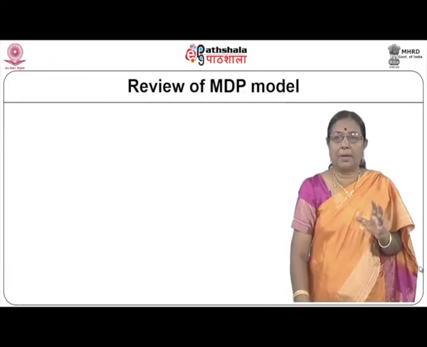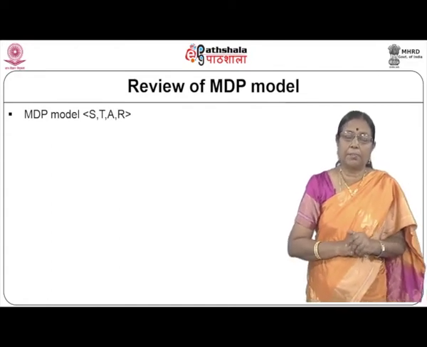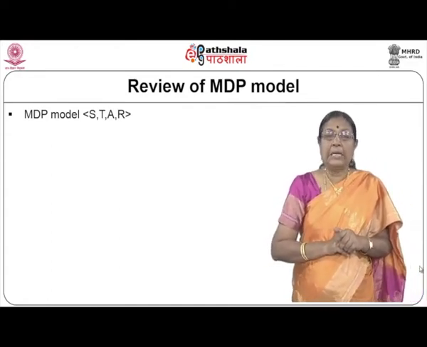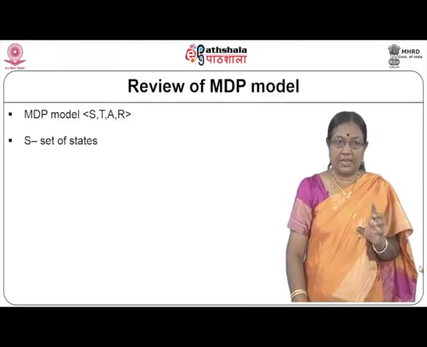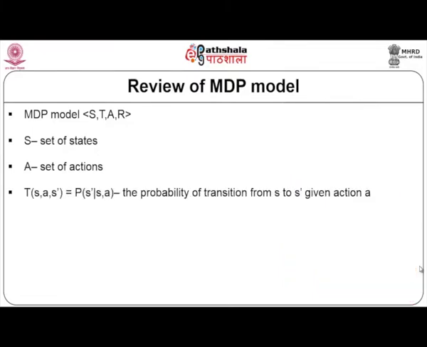Let us look at what the Markov decision process model is. It consists of 4 parameters: S, T, A and R. S is a set of states, A is a set of actions, and T(S, A, S dash) is the probability of transition from S to S dash given action A. So, given that you are in S and you have done an action A, what is the probability of moving from S to S dash? That is called the transition probability, T(S, A, S dash).